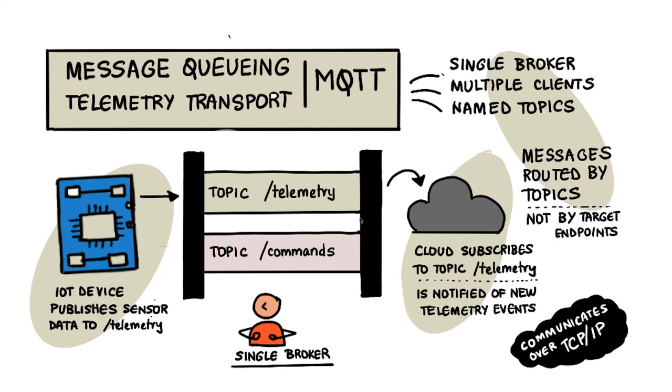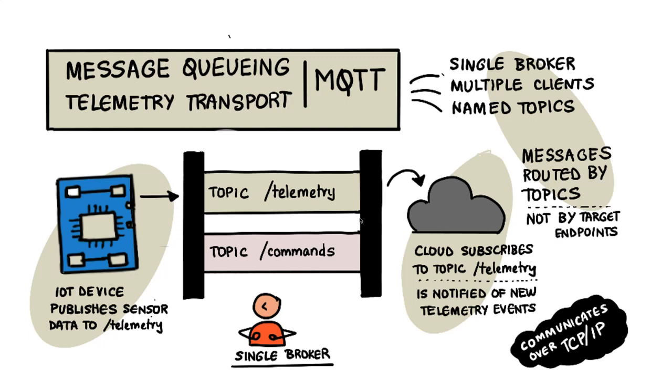Same as if you wanted to send commands from the cloud back to the device, same thing, you publish to a commands topic, and the IoT device would subscribe to that topic. And that way you scale by just adding more subscribers to the topic. If you have 100 subscribers on the telemetry topic, then all 100 will receive each message. It's not a case of one message goes to one recipient, it's one message goes to all recipients.